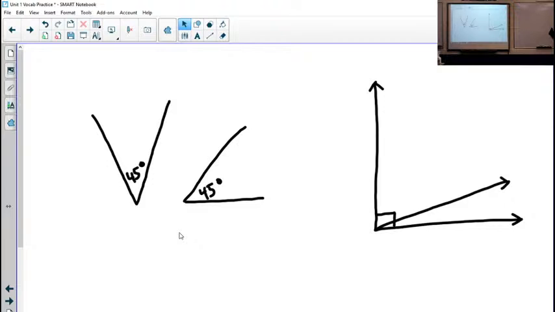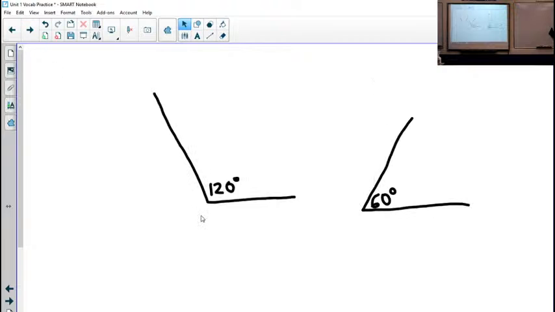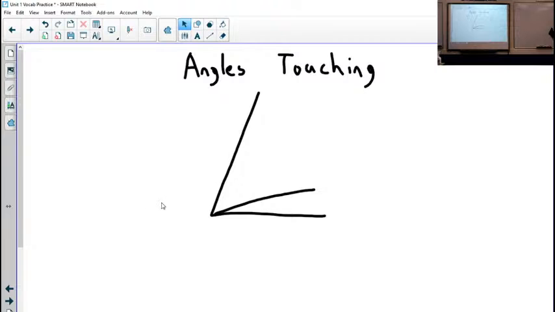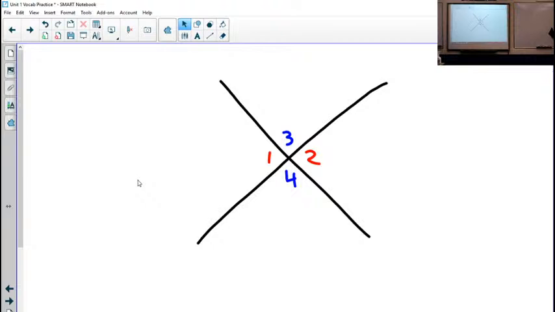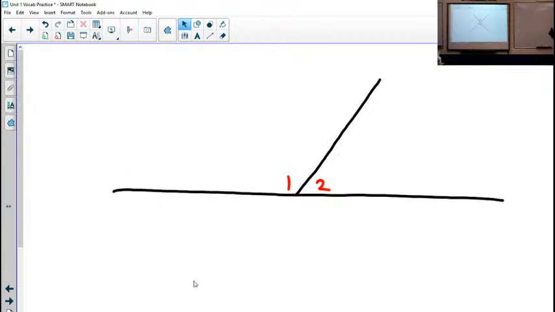Complementary. Remember, C comes first in the alphabet, so complementary is first, which is 90. There's supplementary. Adjacent, good. Vertical angles, right across from each other. Linear pair, a pair of angles that make a line.